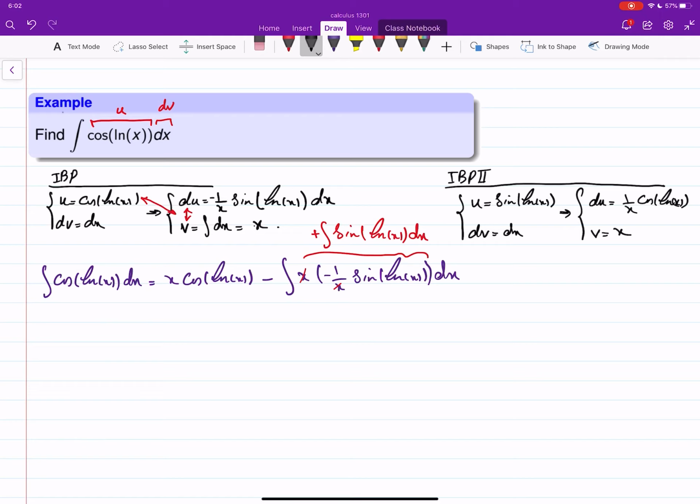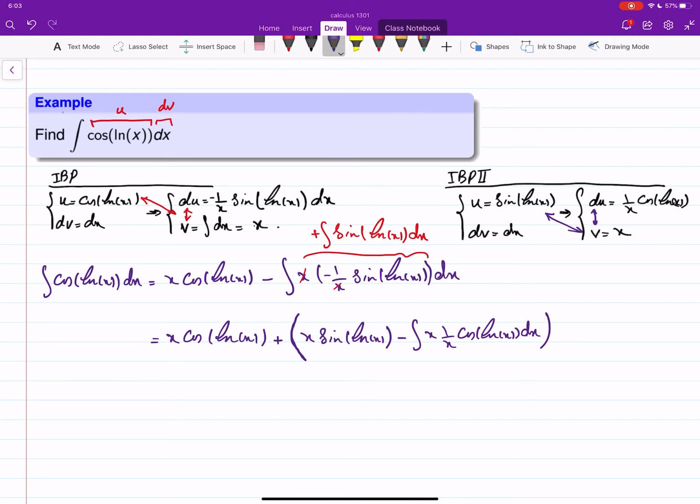So applying integration by parts another time, we get x times sine of ln x minus integral of v du, so x times 1 over x cosine of ln x dx. And you see that the x and the 1 over x cancel out.